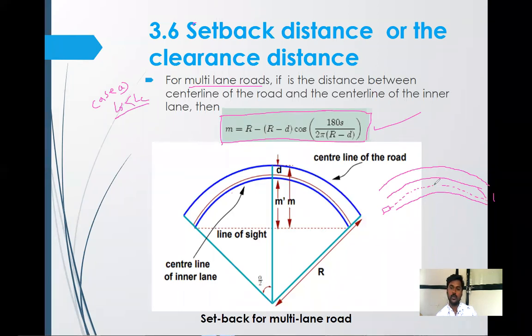What is small d? See here. Suppose this is the two-lane road, and this distance is small d. This is the first lane, this is the second lane. The distance between the center line of the second lane and the center of the road is taken as small d.